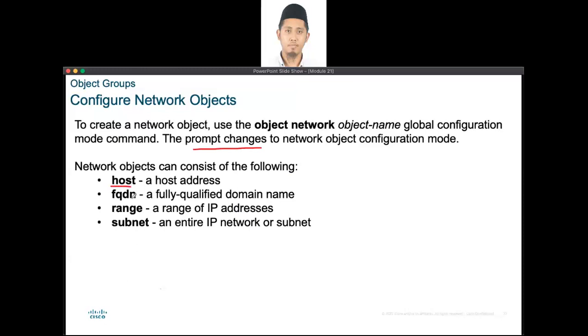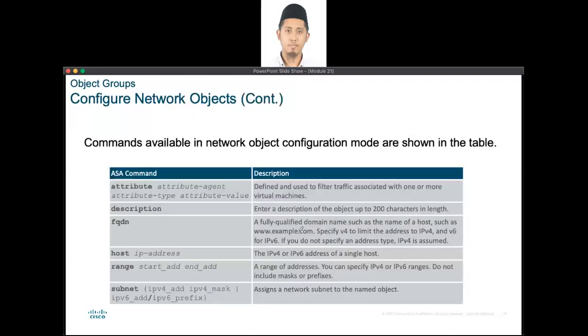A network object can consist of the following: host, which is a host address; FQDN, which is a fully qualified domain name; range, a range of IP addresses; and subnet, representing an entire IP network. The commands available in network object configuration mode are shown in the table below.